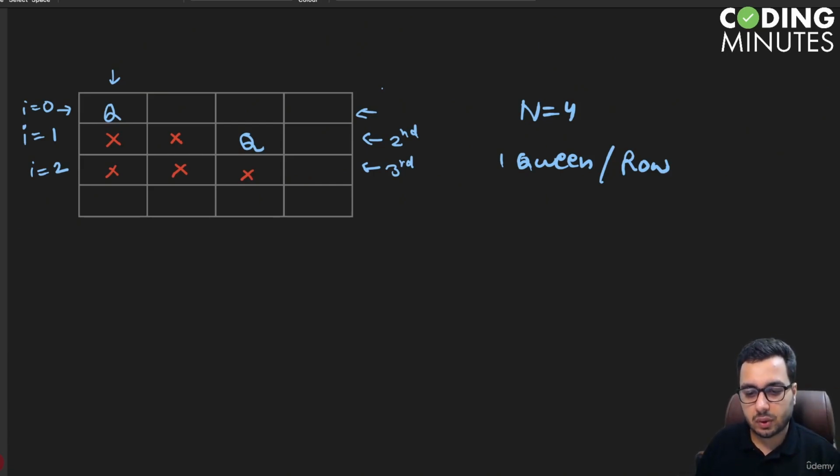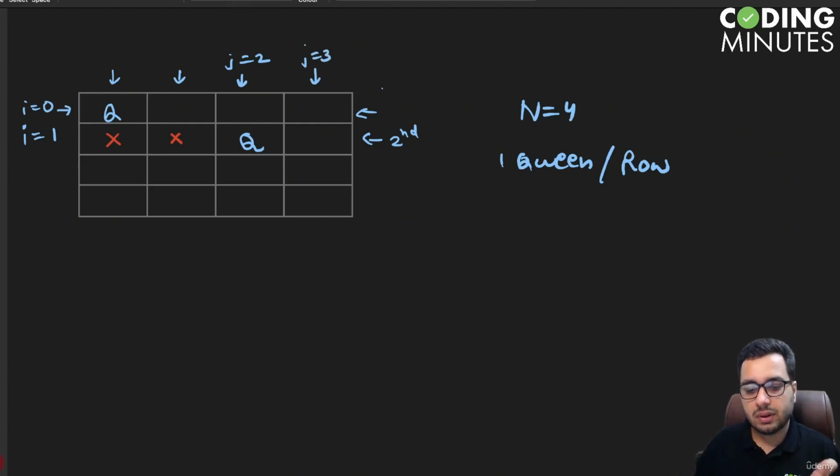When we go back, this function call is over and we don't have any information about this row as of now. This function call maintains till what column it has already tried placing the queen. It will know that at, let's say, j equal to 2, we had tried, and now this value of j will move to the next index.